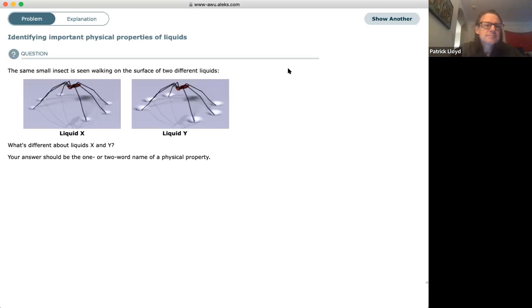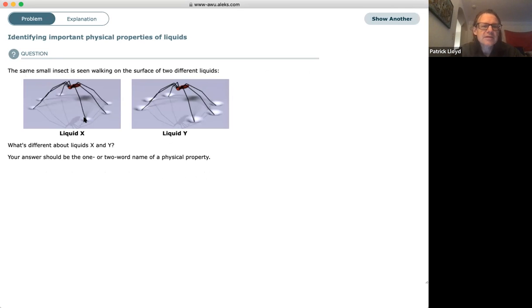Oh, this is interesting. I haven't seen this one before. The same small insect is seen walking on the surface of two different liquids, right? So there's two different liquids. Now look what happens. I don't know if you've seen these things. They're really cool, right? These little water walkers.